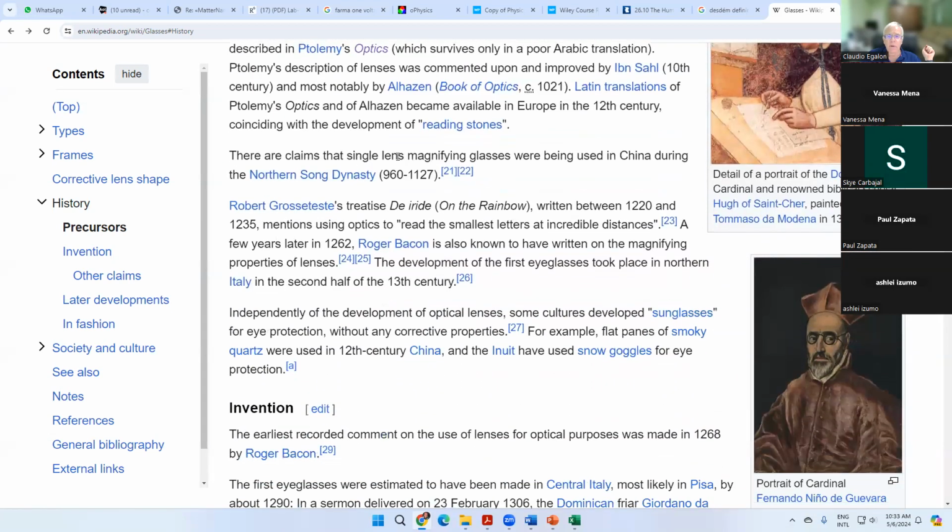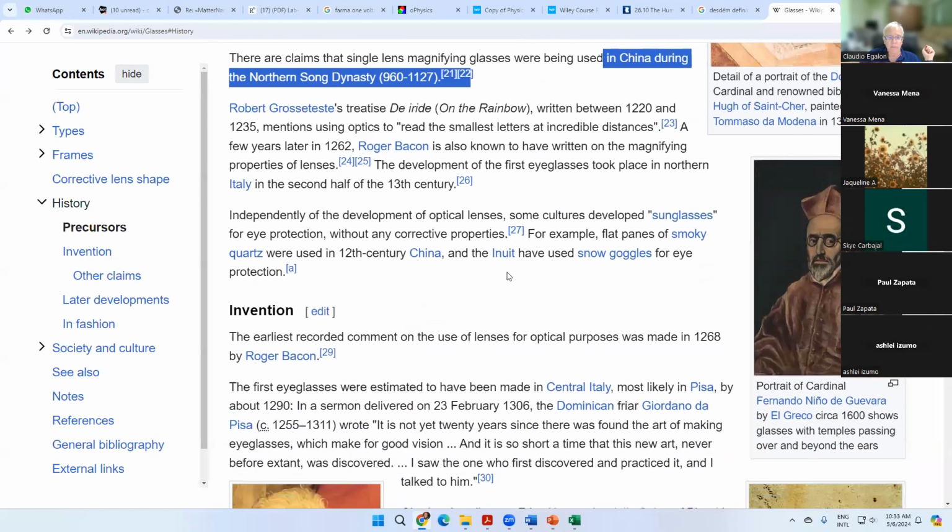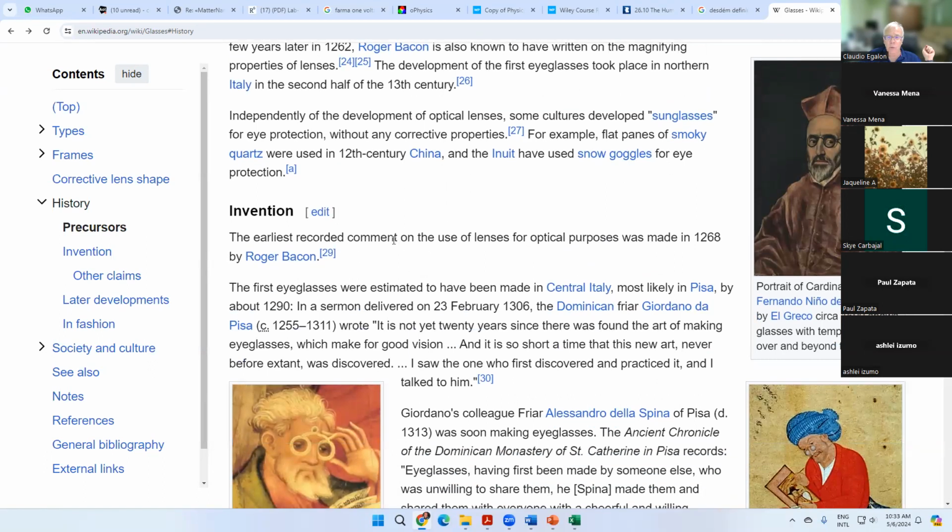There are claims of a single lens magnifier in China during the Northern Song Dynasty. The earliest recorded comment on the use of lenses for optical purposes was made in 1268.